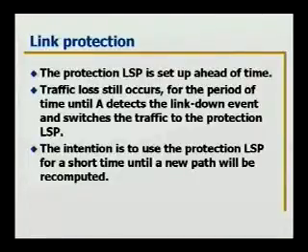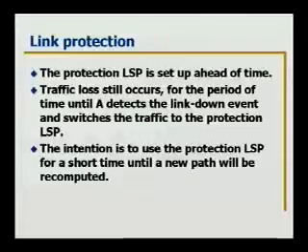In our example, the distribution of labels for the protection LSP was happening at the same time as the distribution of labels for the primary LSP, the blue LSP. And this is pretty much what needs to happen in order for this to be meaningful. Because if I was to wait until the failure was happening in order to start calculating and signaling the protection path, all this scheme would be quite meaningless.